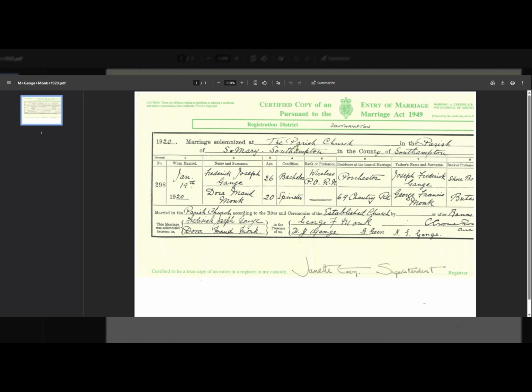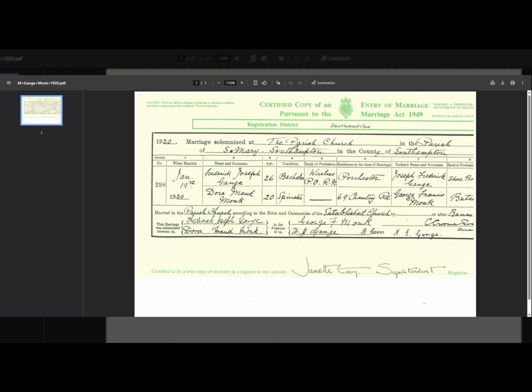So we can look that up using freebmd and also the GRO government website where we can get certificates. Let's put some parameters in here. I'm going to use 1892 to 1894 and that should cover it. And there he is.